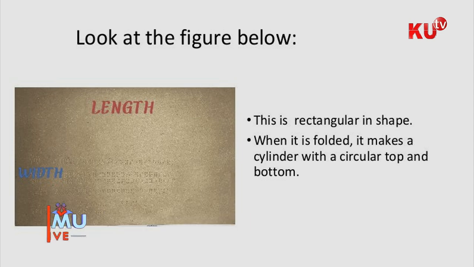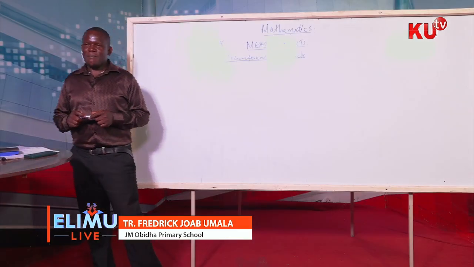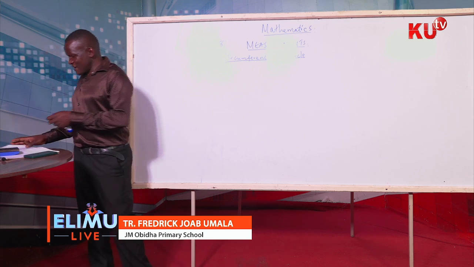When the rectangle is folded, it makes a cylinder. And the cylinder will have a circular top and also a circular bottom.